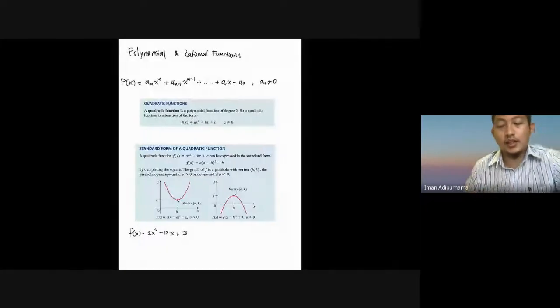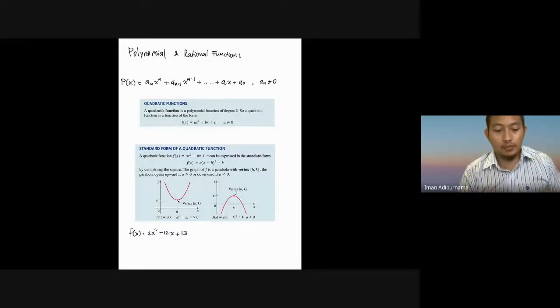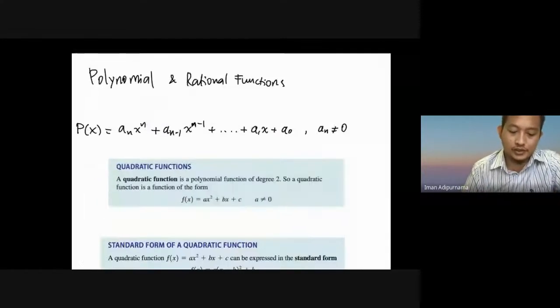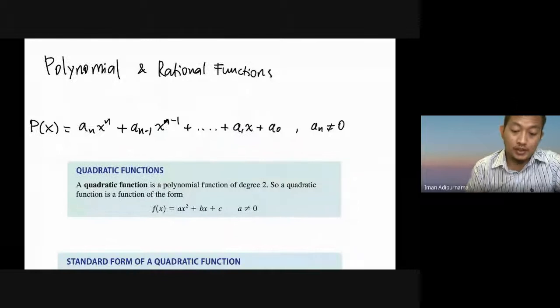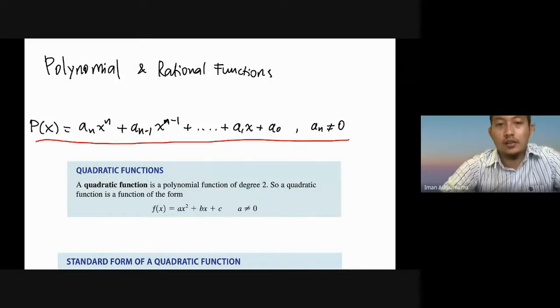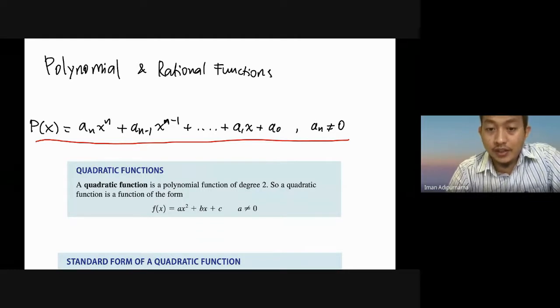All right. Let me start with the polynomial and rational functions. So we start with the general equation of polynomial. So that is the general equations.